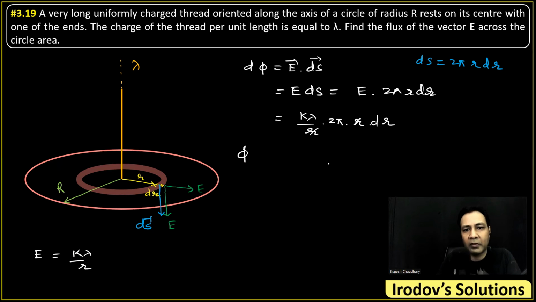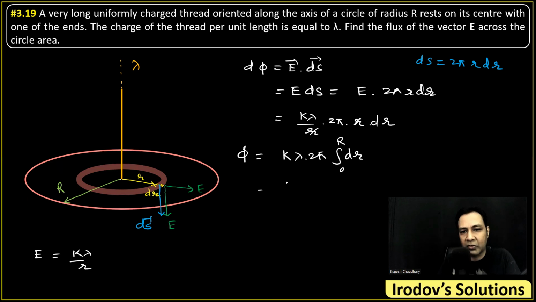So overall flux would be k lambda 2 pi integration of dr from 0 to capital R, such that the whole area of the ring is covered. And this integration will be simply capital R.